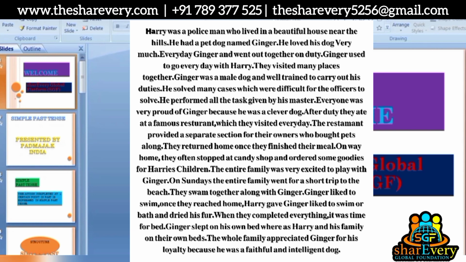On the way home, they often stopped at a candy shop and ordered some goodies for Harry's children. The entire family was very excited to play with Ginger. On Sundays, the entire family went for a short trip to the beach. They swam together along with Ginger. Ginger liked to swim.